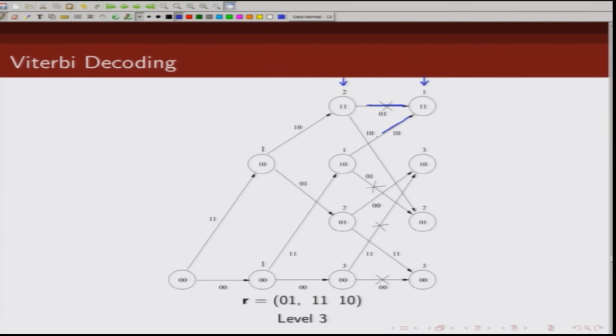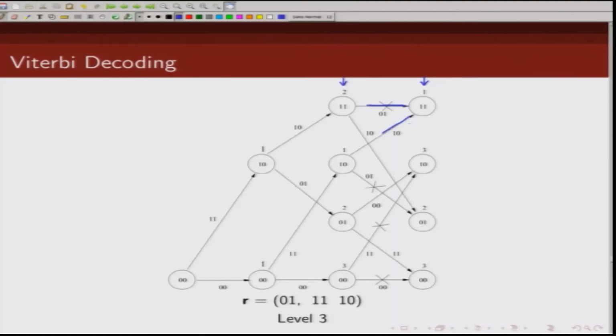We are going to choose whichever of these two gives us a better path metric, and choose that path as our surviving path, and we are going to delete the path which does not give us the best metric, and we will also store the best path metric corresponding to that particular transition. So, we are looking at this time instance, this trellis section. What was the receive sequence here? It was 1 0.